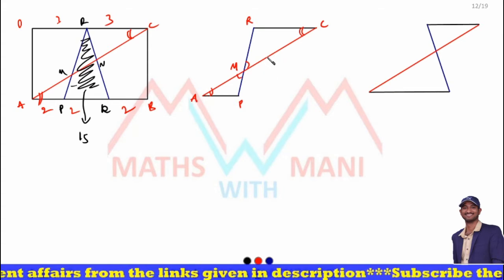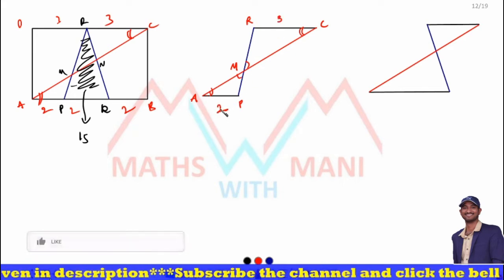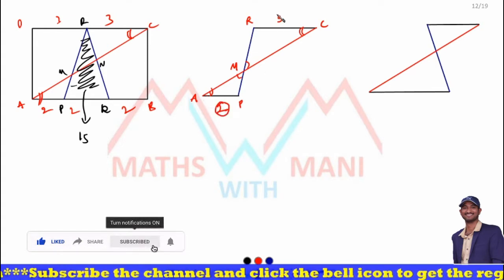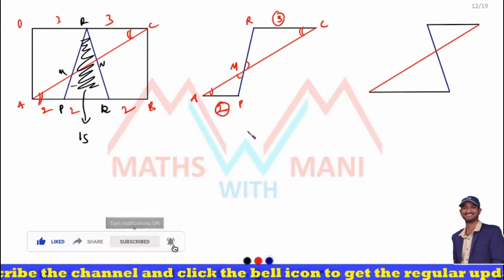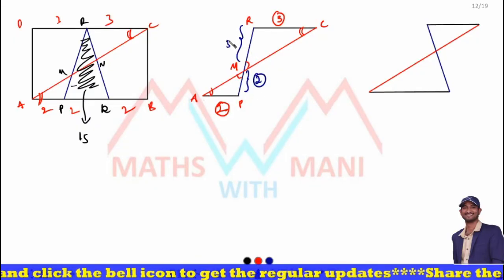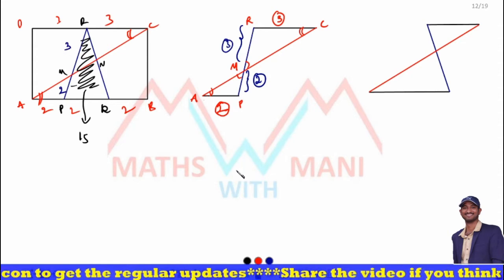What about the sides? AP is 2 and CR is 3. Since the ratio of AP and CR is 2:3, then definitely MP and MR is also 2:3. So MP is 2 parts, MR is 3 parts.